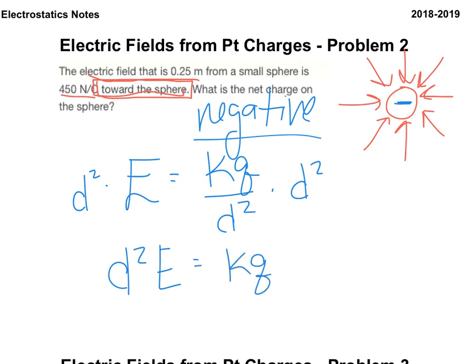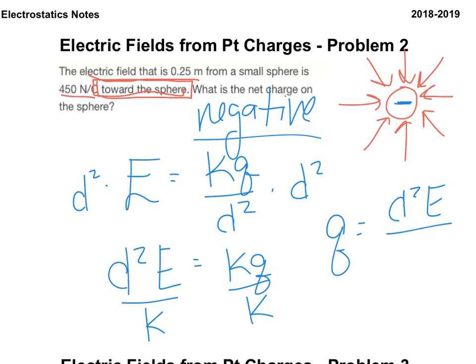I want to get Q by itself, so let's divide by K on both sides. Great. Now my equation looks like this: Q equals D squared E, all divided by K. Doing all that stuff first before I sub in any of the numbers can help you keep organized and make sure that you don't lose anything in your scientific notation as you're moving values around.